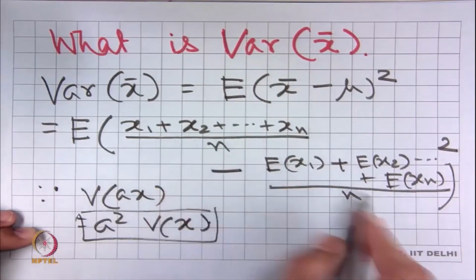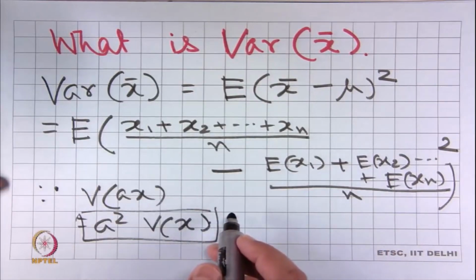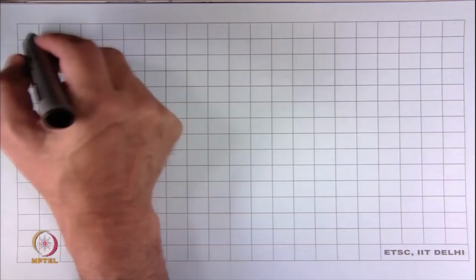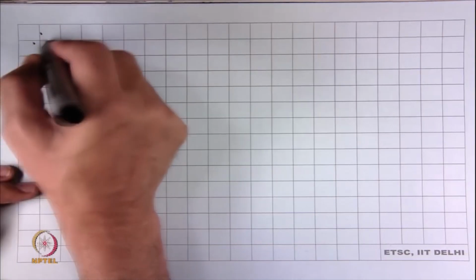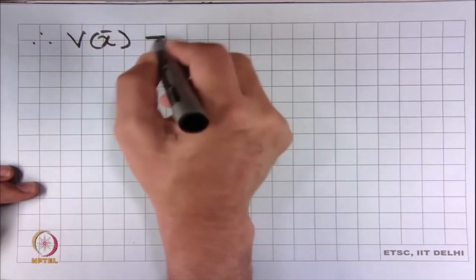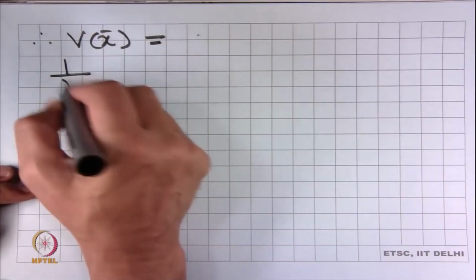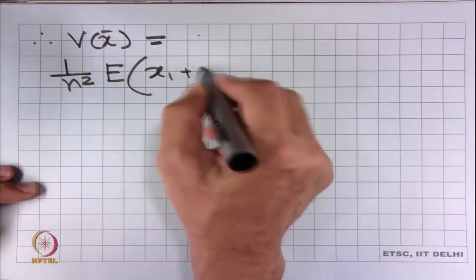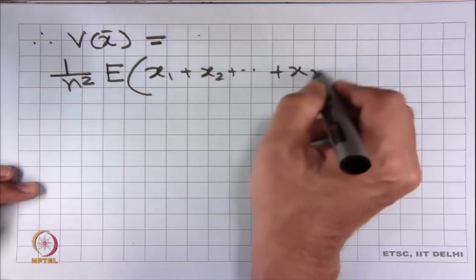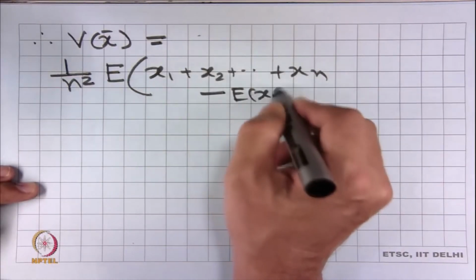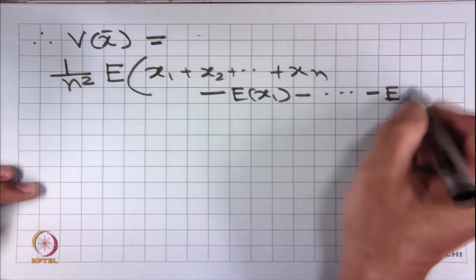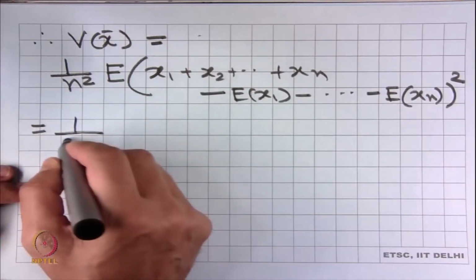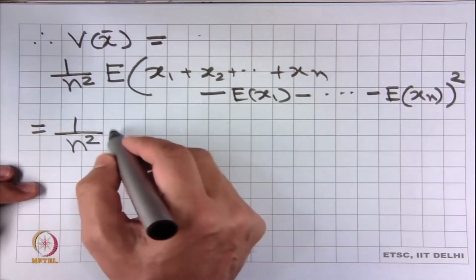Therefore, we can take 1 by n to be the constant multiplier and take it out, and therefore variance of x bar becomes one upon n square into expected value of x 1 plus x 2 plus up to x n minus expected value of x 1 minus and so on, whole square.